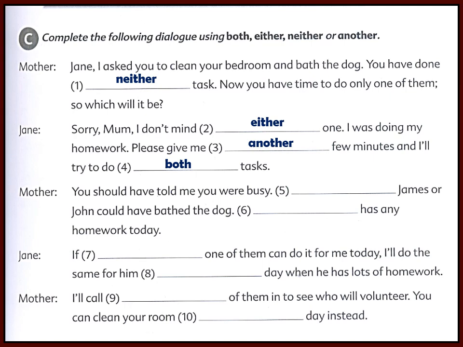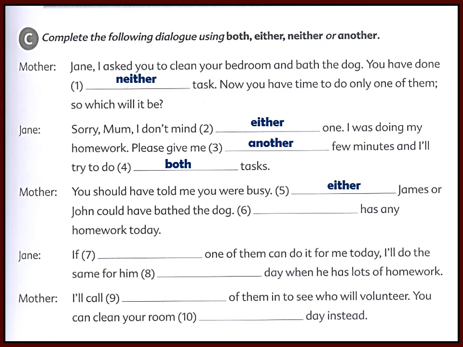Now mother says, you should have told me you were busy. Dash James or John could have bathed the dog. Dash has any homework today. Now, dash James or John. Whenever you find or in the phrase, most probably before that or we have used either, right?